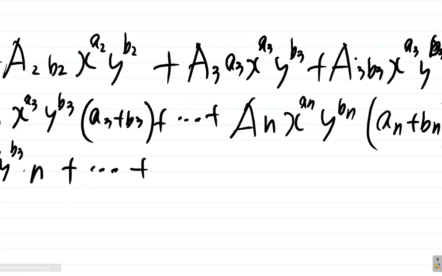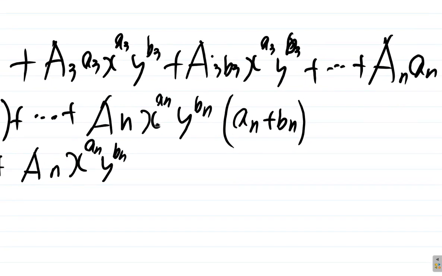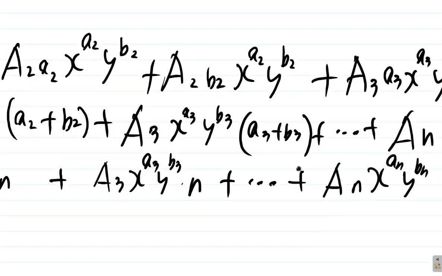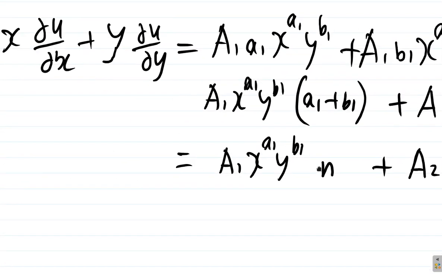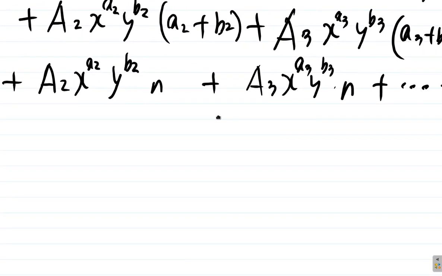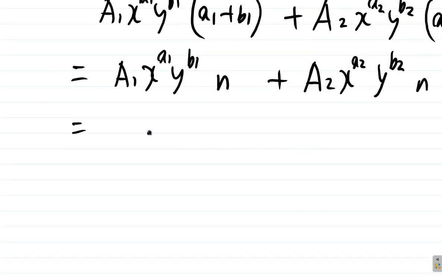And what happened here now? An x to the an y to the bn, and this is n. Alright. Now it is equal to, if we look here, we have a common factor known as n.